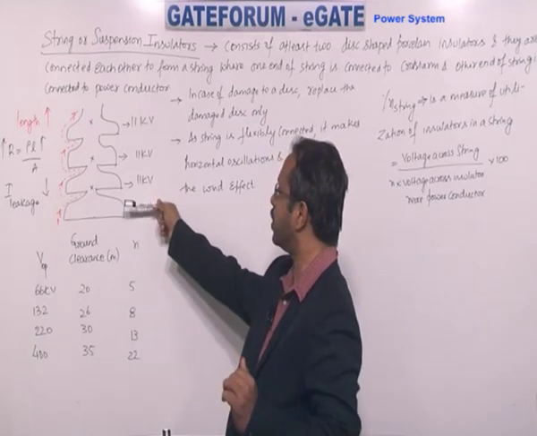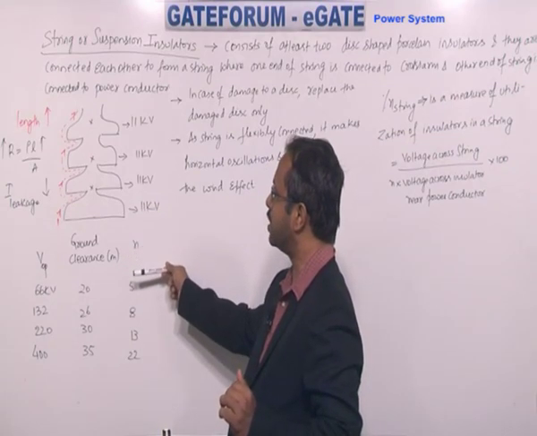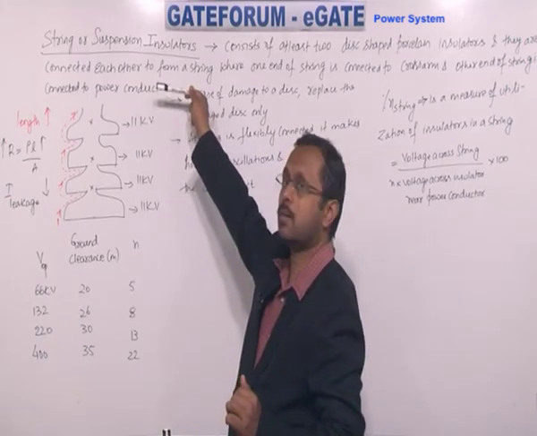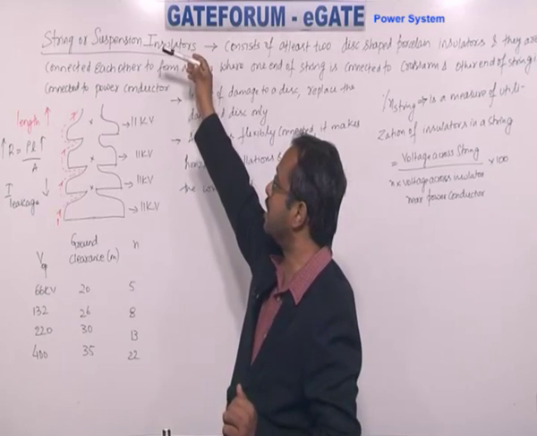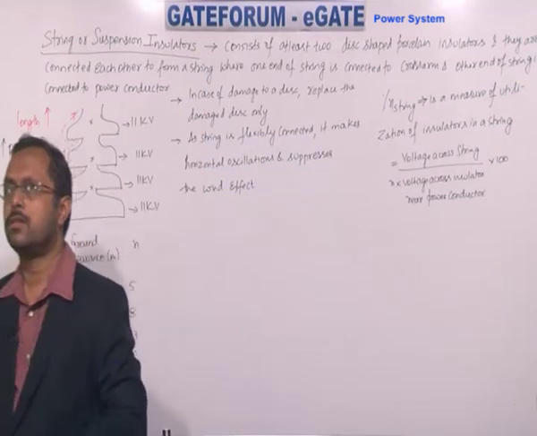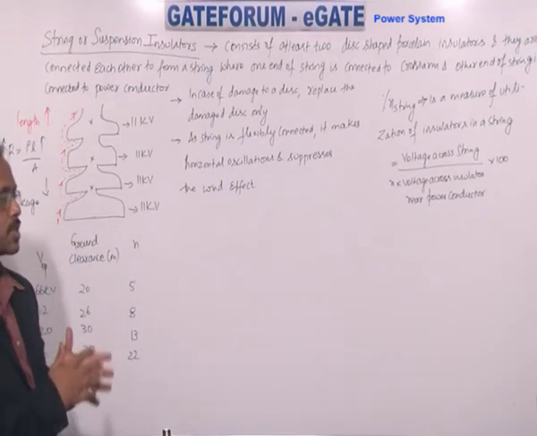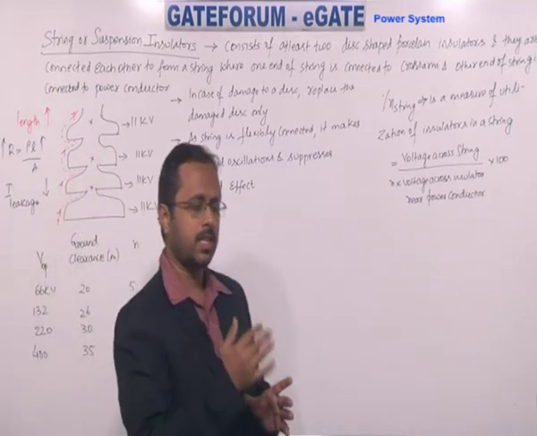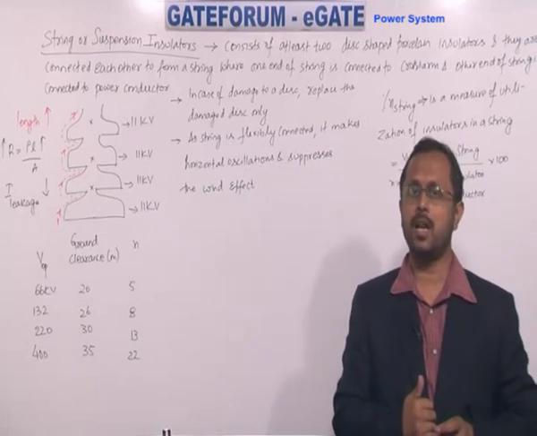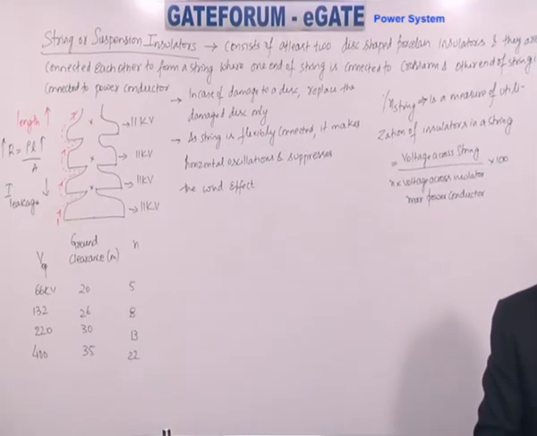The insulator near the power conductor operates at more than 11 kV. The insulator near the cross arm operates at less than 11 kV. Further we continue the non-uniform distribution of potential across the string of insulators after this 5 minutes break.